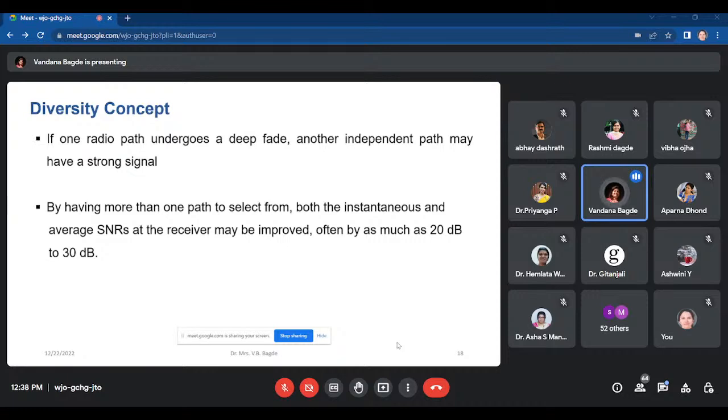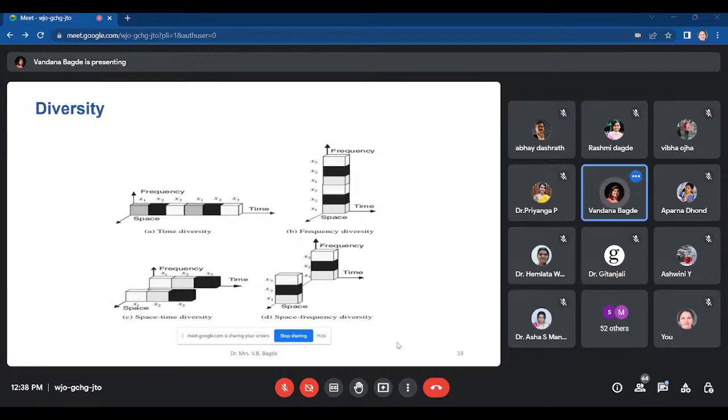And signal to noise ratio plays a very important role. By deploying this technology, we can improve the performance. So this is basically diversity.